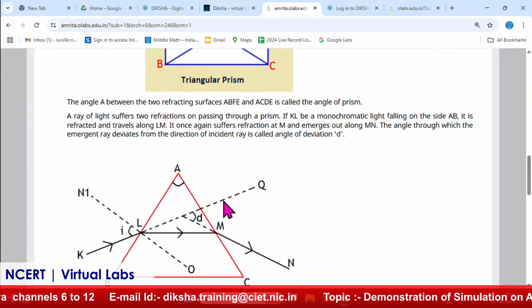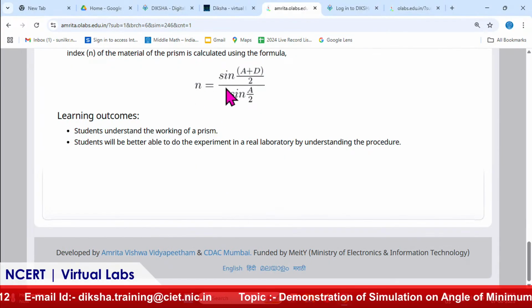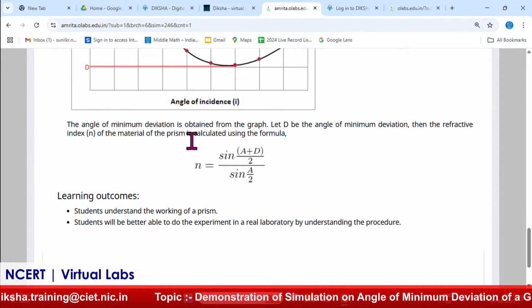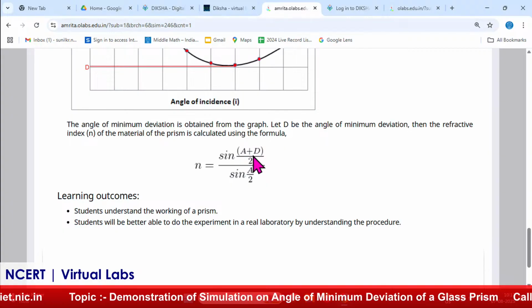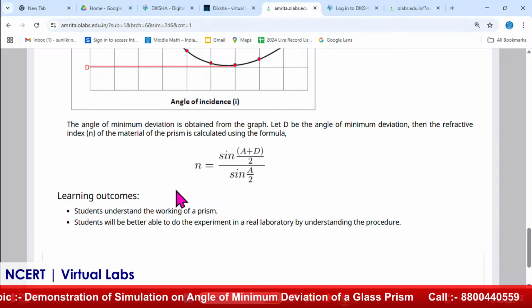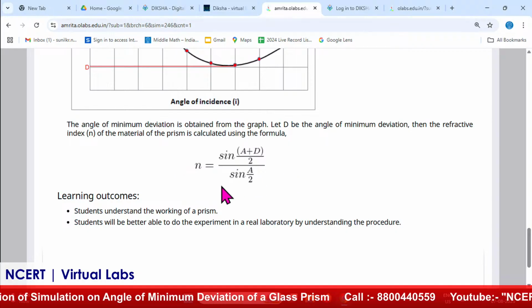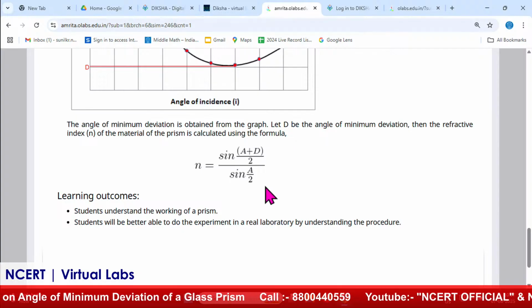In this equation, refractive index mu is equal to sin of (A plus D) upon 2, upon sin of A upon 2. Using the value of A as 60 degrees and the angle of minimum deviation as 50 degrees, we can easily calculate the refractive index for that particular glass prism. So, in this way we can calculate the refractive index for different material media.